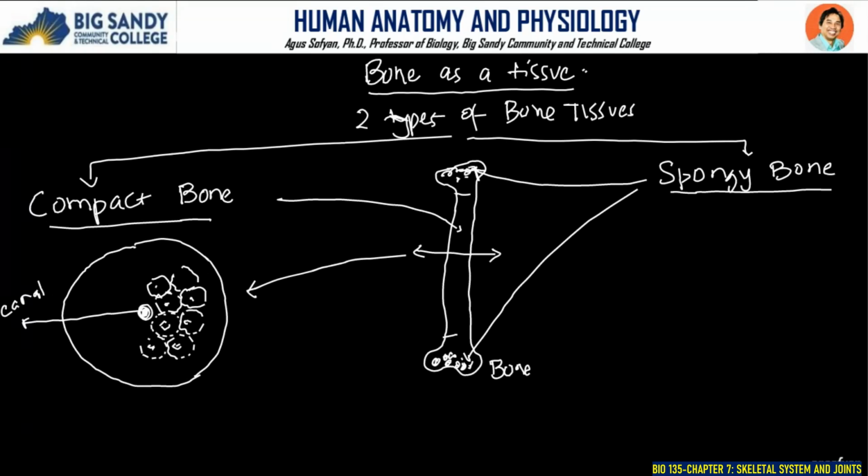Each of these circular units is called an osteon. This is one osteon, this is another osteon, this is another osteon. So basically, compact bone consists of osteons. Just remember that: the osteon is the unit of compact bone.